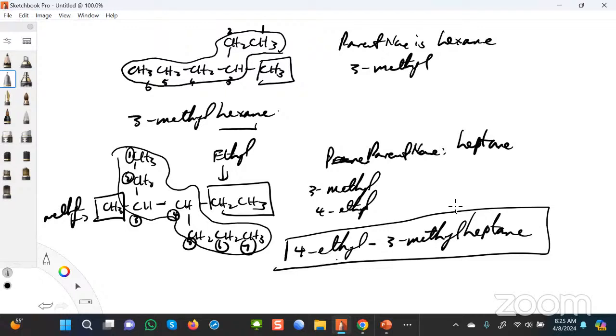So alphabetically speaking, ethyl comes before methyl. So therefore, you have to indicate the ethyl first, then the methyl, even though the ethyl is in the 4th position on the longest chain, while the methyl is in the 3rd position. So we don't go according to the numerical order of the substituents or the branching. We go according to the alphabetical order in terms of naming these compounds, all right?